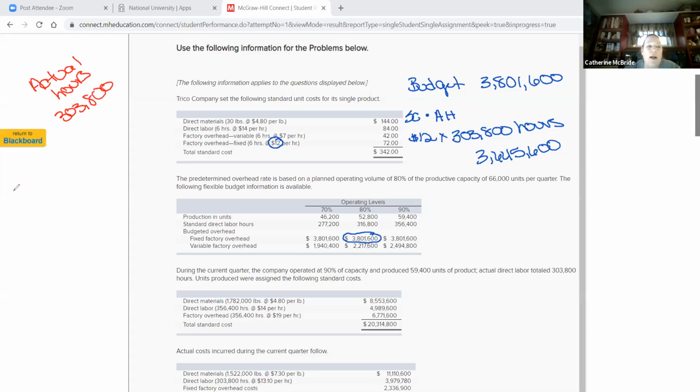If we wanted to figure out our budgeted hours just to see where the difference is, we can take 3,801,600 and divide it by the $12 per hour.